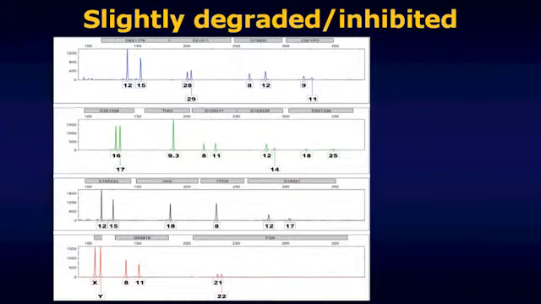But let's change gears a little bit and talk about what happens when there is a little bit of degradation and/or inhibition. Here we see that very same sample, the same DNA profile that was present in the previous electropherogram, but now before the DNA got amplified, it was degraded and inhibited a little bit.